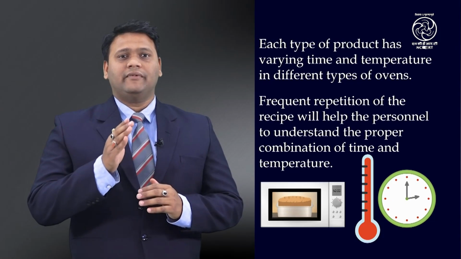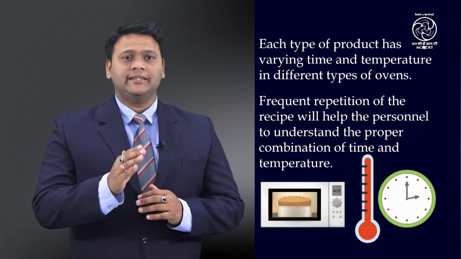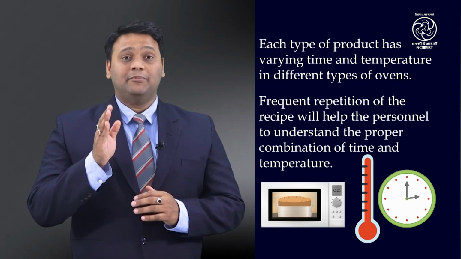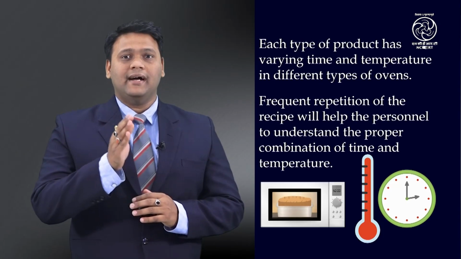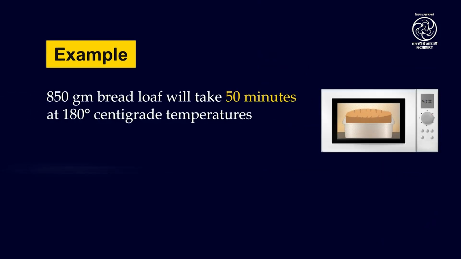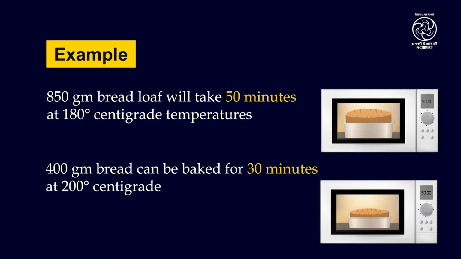Frequent repetition of the recipe will help the personnel to understand the proper combination of time and temperature. For example, an 850 gram bread loaf will take 50 minutes at 180 degrees centigrade temperature, but 400 gram of bread can be baked for 30 minutes at 200 degrees centigrade.